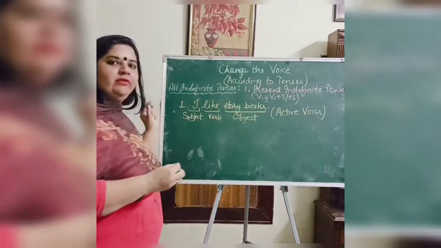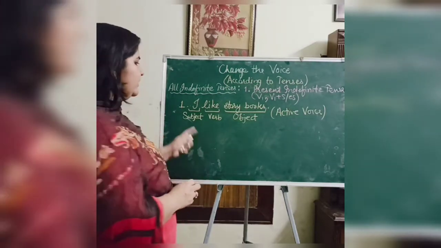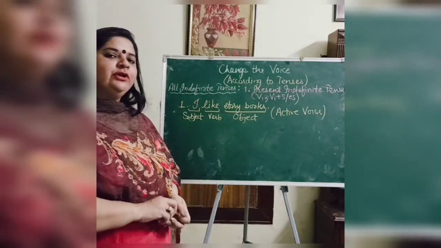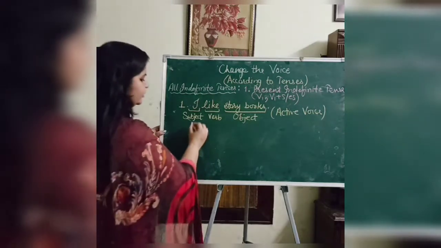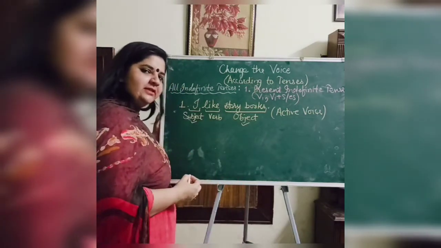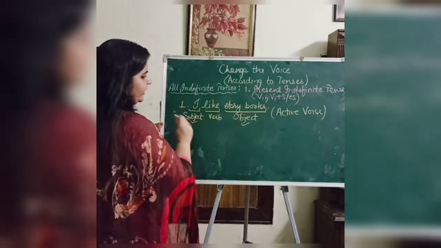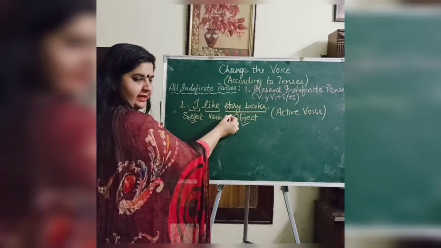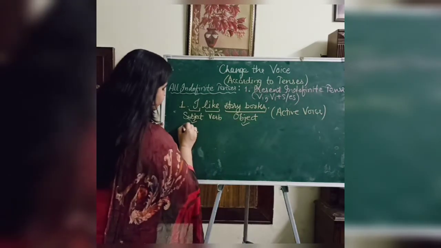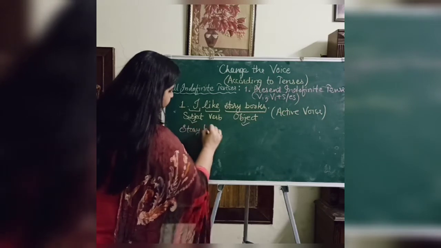Okay. Now we are going to change into passive voice. When we change active into passive, we have to change the positions of subject and object and a few other changes. Look at the board. Object takes the first position, that is story books.